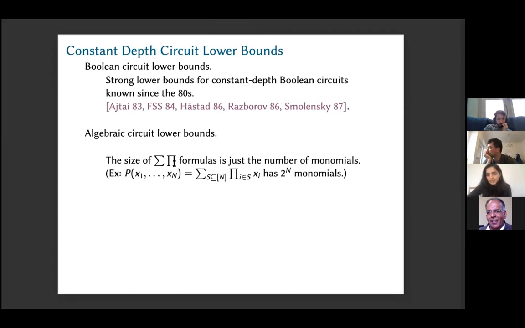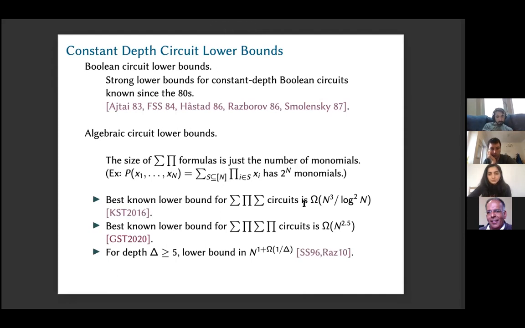There is no escape from that because you just have depth 2, so all you can do is a sum of monomials. Every polynomial can of course be written this way, but its representation is as expensive as the number of monomials in that polynomial. So the lower bound is just the number of monomials, and we saw very simple polynomials which have lots of monomials, so they require large sigma pi circuits.